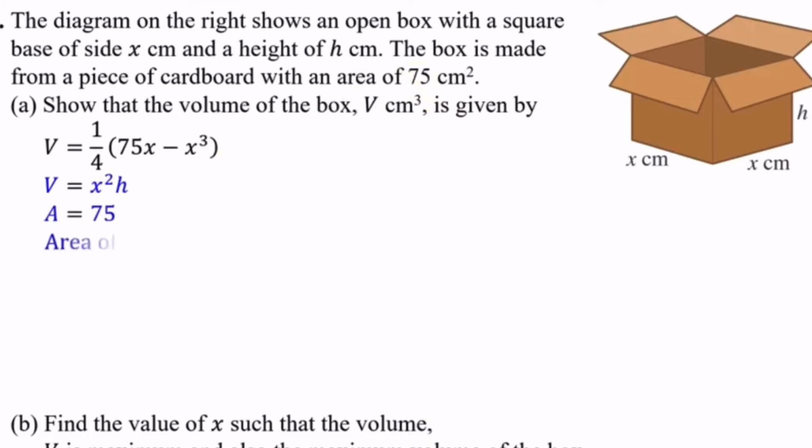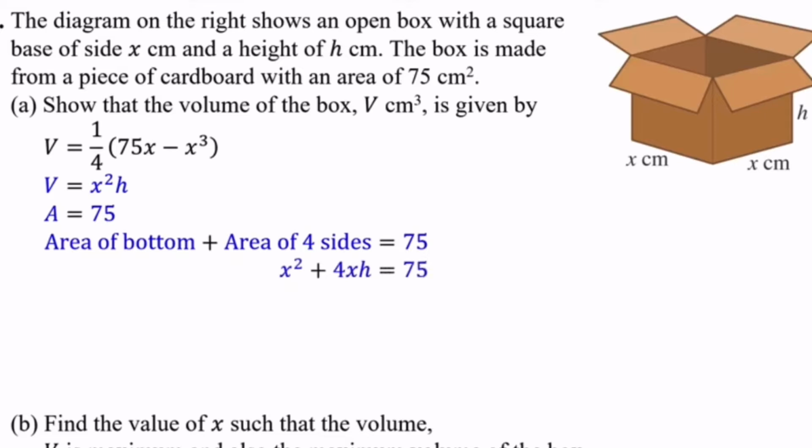Show that the volume of the box V cubic centimeter is given by V is equal to 1/4 (75x minus x cubed). So first of all, the information that we understand from the question is that the area is 75.